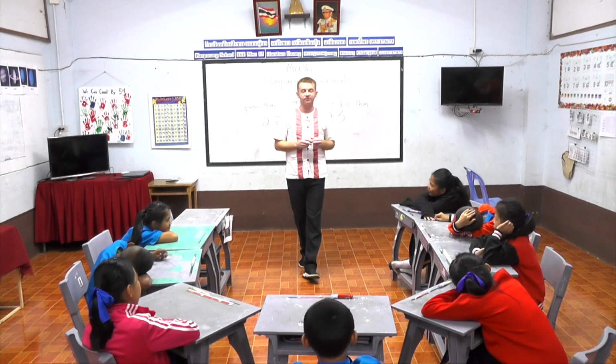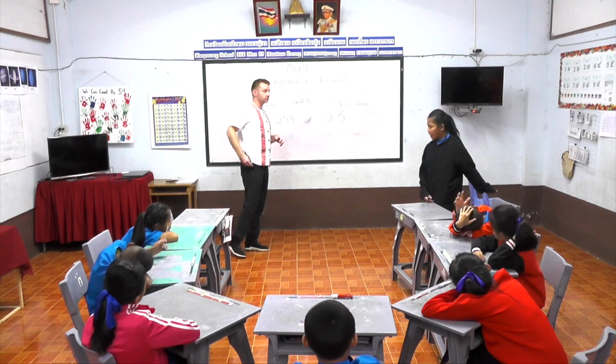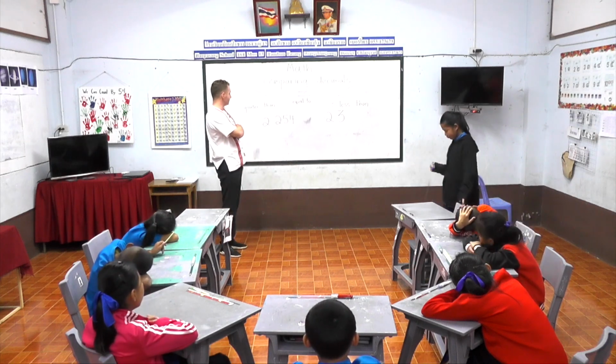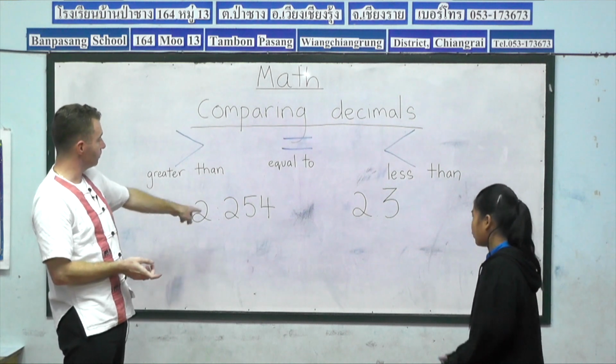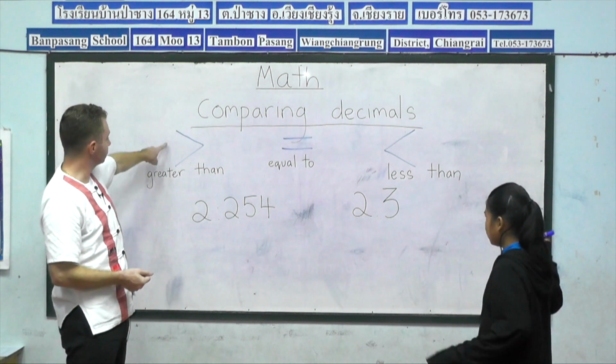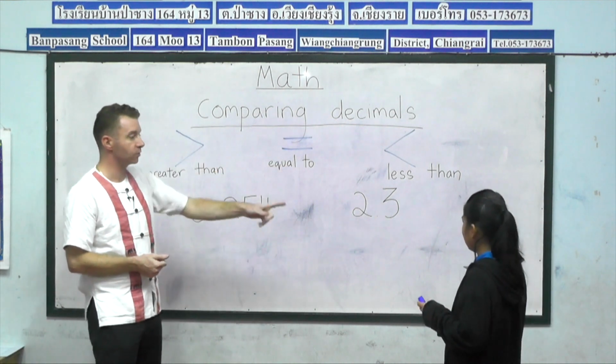The first person to go today will be Lockdown. So Lockdown, come and have a look at the two numbers I have on the board. Can you compare them for me? And then do you think 2.254 is greater than, equal to, or less than 2.3?